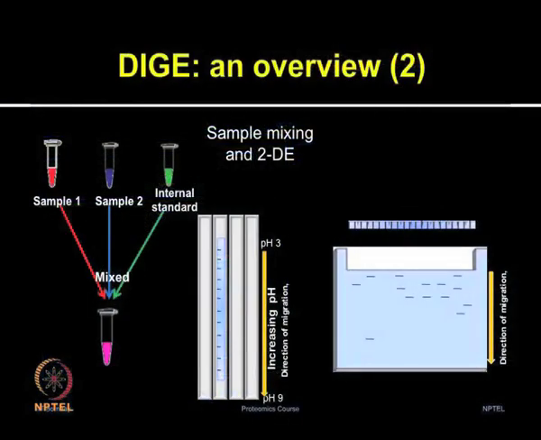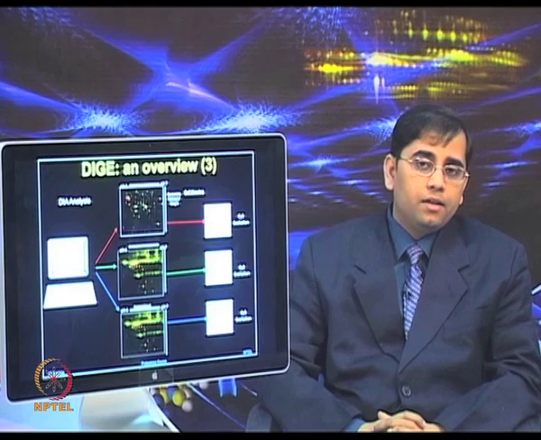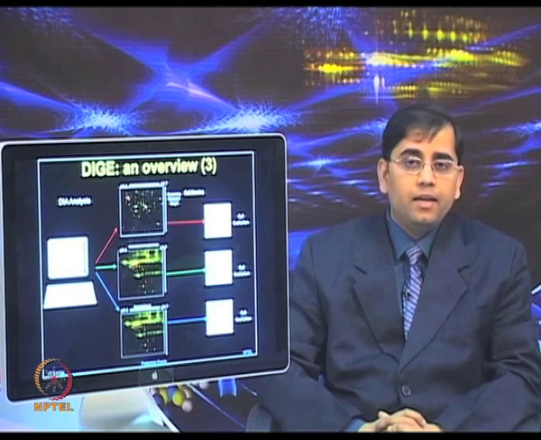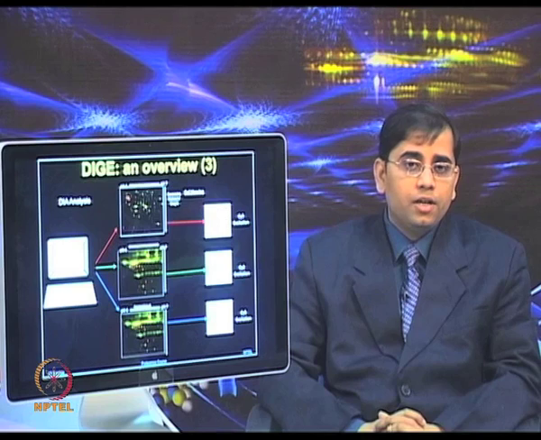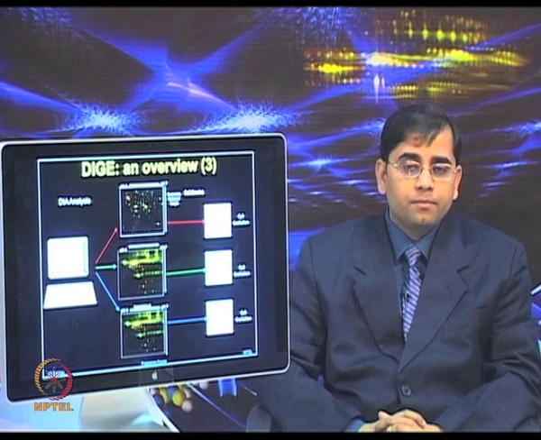In the slide it is shown that the 3 samples are mixed and then isoelectric focusing is performed on the pooled sample, and then this strip is placed on the SDS-PAGE gel for the protein separation in the second dimension. So, overall DIGE provides very uniform staining from gel to gel and shows high sensitivity and a linear dynamic range of detection for the expression profiling of complex biological samples.